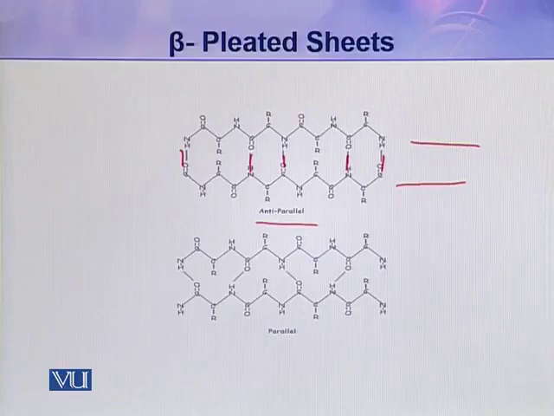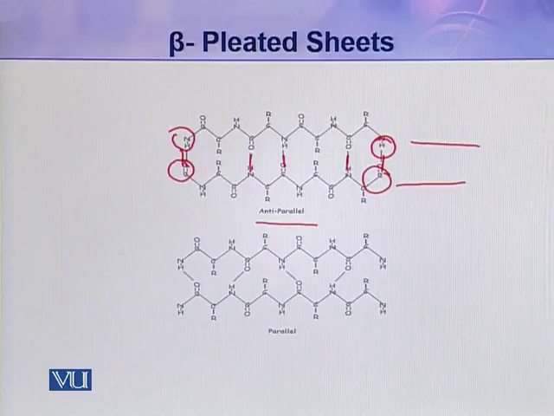Anti-parallel means at this corner you can see an amino group, and on the other chain there is a carbonyl group. On the other side, it is the same: one is an amino group and the other is a carbonyl group. So one chain is moving in this direction and the other one is moving in this direction. This is called an anti-parallel beta pleated sheet.